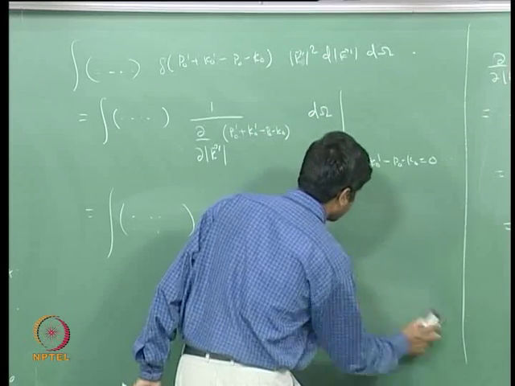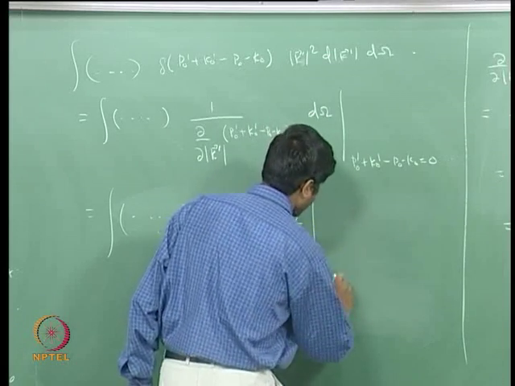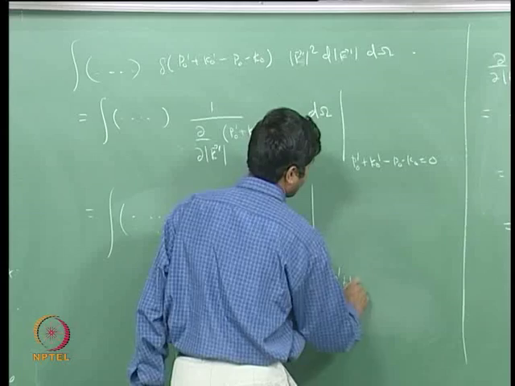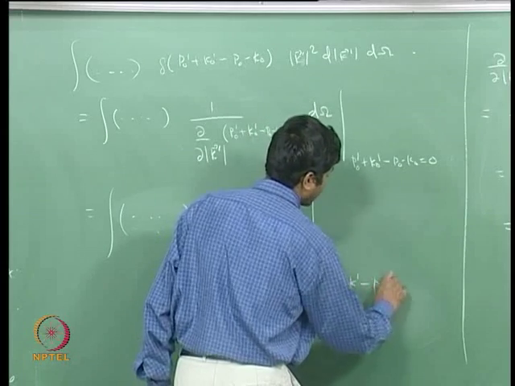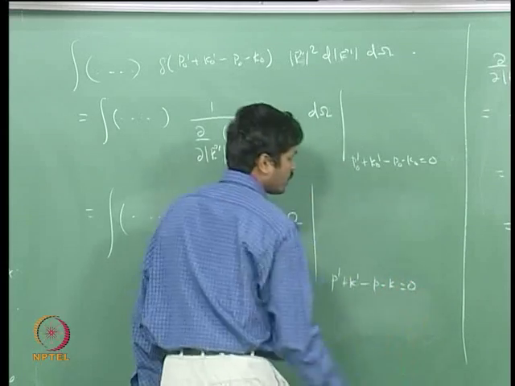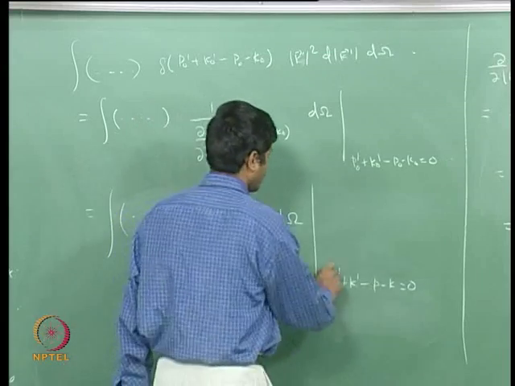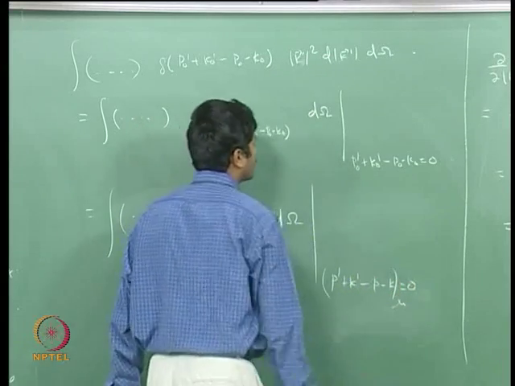So, this provided p prime plus k prime minus p minus k equal to 0. This mu, this 4 vector is 0.